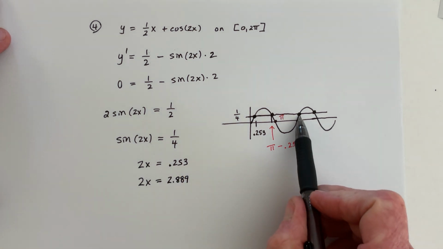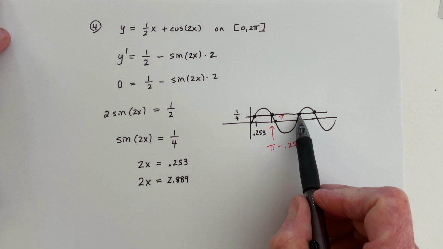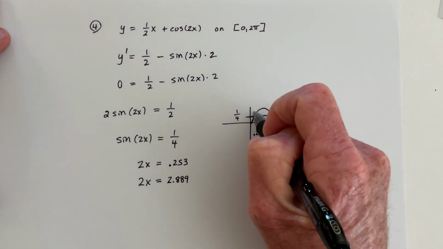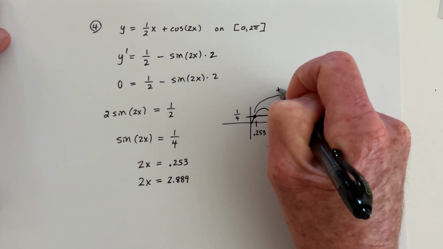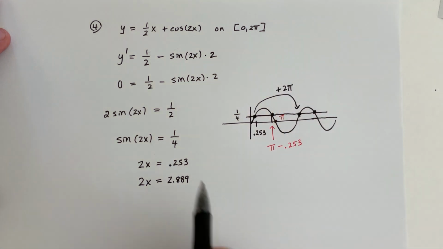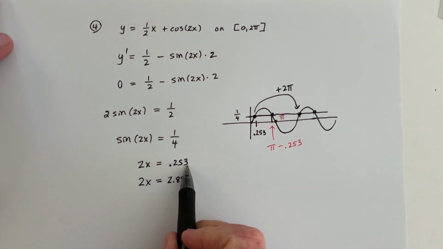Now I need to find the third solution, which is over here. Because the period of sine is 2 pi, if you want to get from the first answer to the third answer, you just have to add 2 pi. So I just need to add 2 pi to this one.